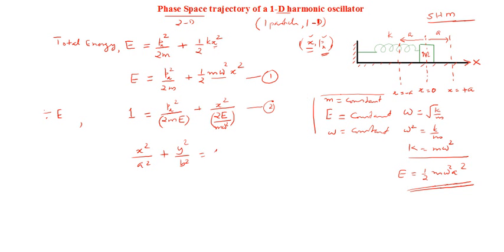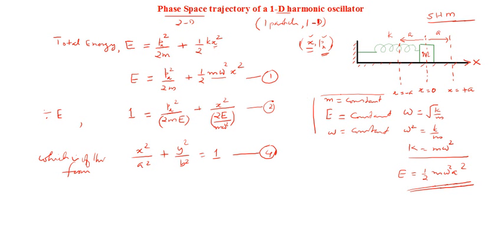So this is of the form x square by a square plus y square by b square equal to 1. Is it correct?